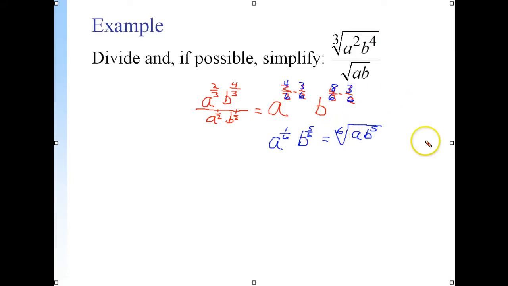Okay, that was an interesting one, not too difficult, but a little bit challenging. Again, we converted it to its fractional form. We did our division by subtraction. We had to have common denominators. And then when we did our subtraction, we converted it back into its radical form.